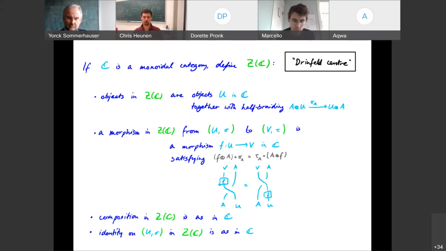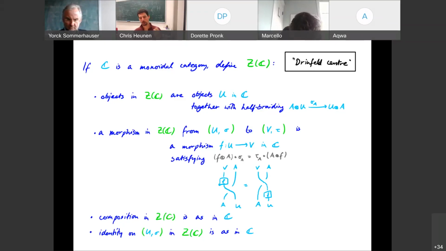And a morphism from one such thing to another is a morphism in the old category between the two objects that cooperates with the half braiding, in the sense that first doing the half braiding and then F on the object is the same as first doing F on the object and then doing the half braiding. You can compose such things as in C, and it has identity morphisms.